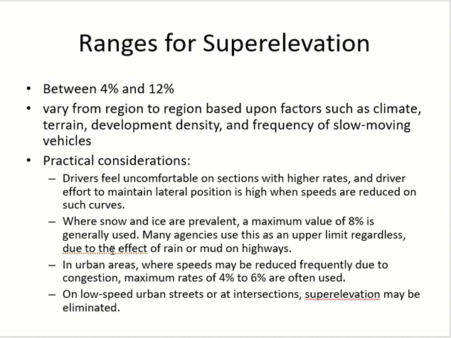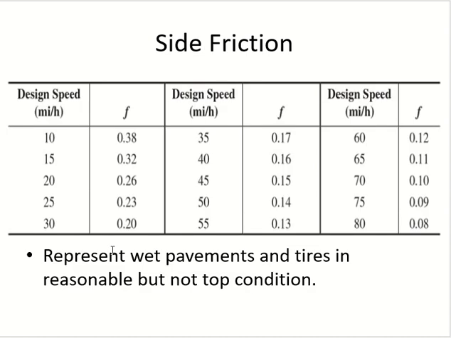You are going into the intersection, right? Either there will be a stop sign, or a roundabout, or a signal, whatever it is. You will not come at 100 kilometers per hour and make the turn. You will reduce your speed. In many cases you will stop and then make the turn, right? So it's a low speed turn, that's why we can eliminate the superelevation.